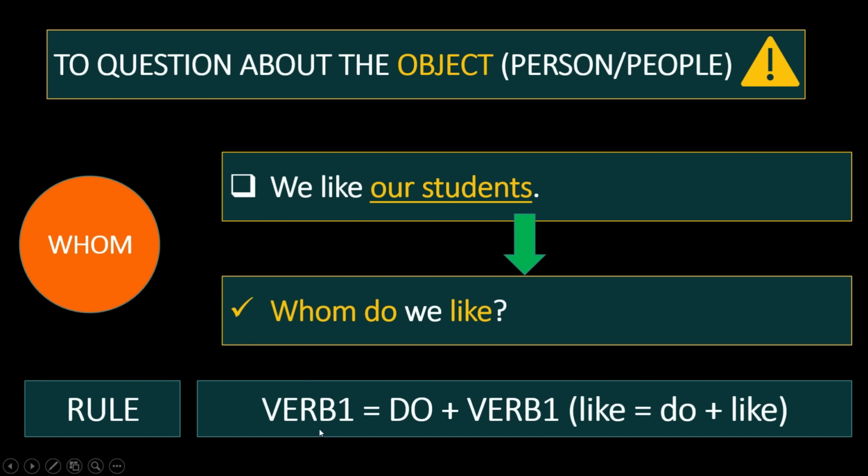The rule says this. If you have verb 1 and you want to make a question, you can split that into do and verb 1 to get a helping verb, so that you can use that helping verb here. And then the subject. You write do plus V1 and then you place the subject in the middle and you get do we like. Whom do we like? The answer is our students.